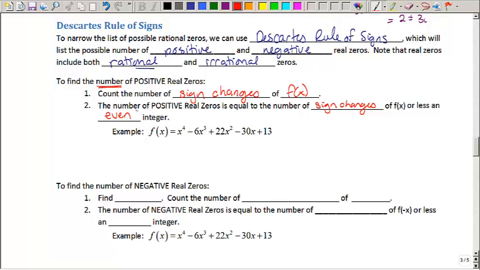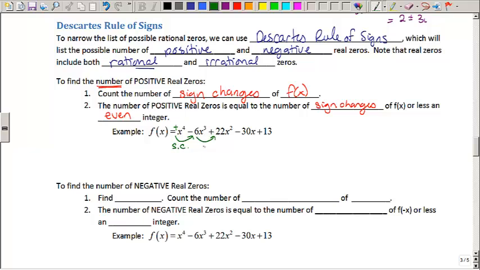So let's talk about what is a sign change of f of x. Well, let's look at the first term. The first term is positive x to the fourth, and the next term is negative 6x cubed. So from the first term to the next visible term, we have going from a positive to a negative, and that's what we call a sign change. We're just going to use SC for sign change. From negative 6x cubed to positive 22x squared, we have another sign change.